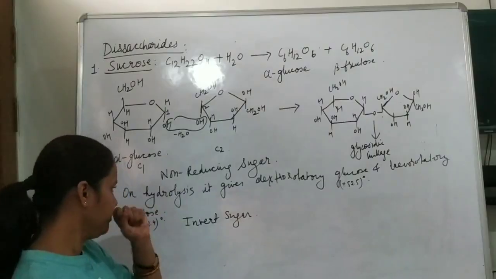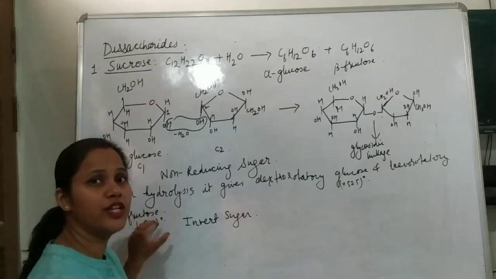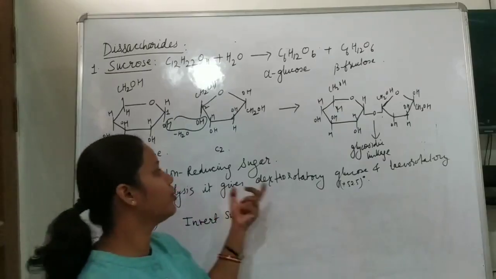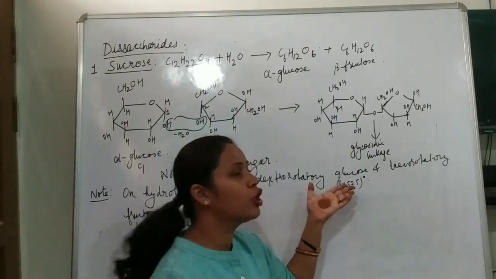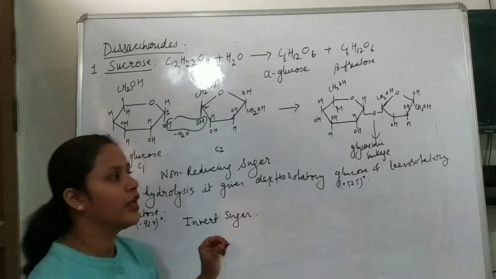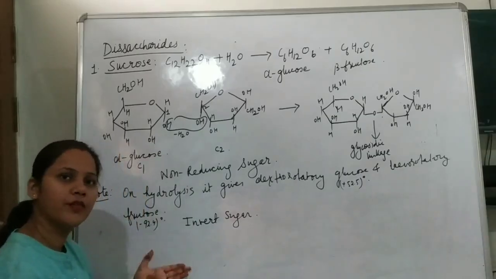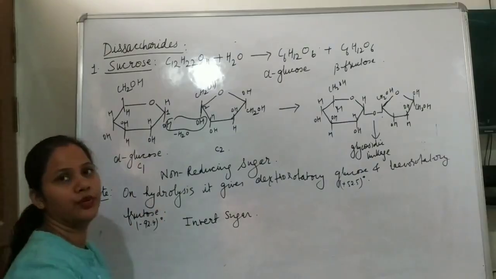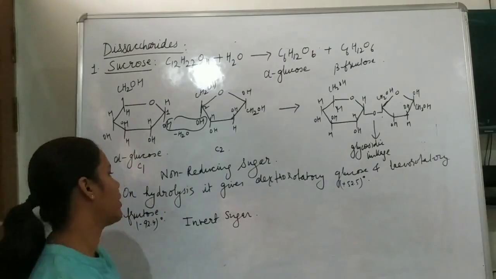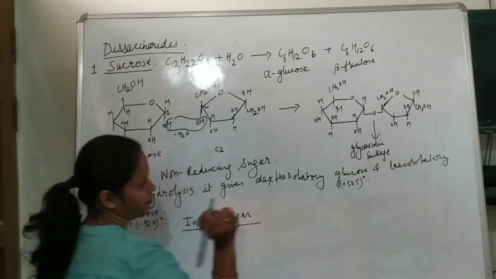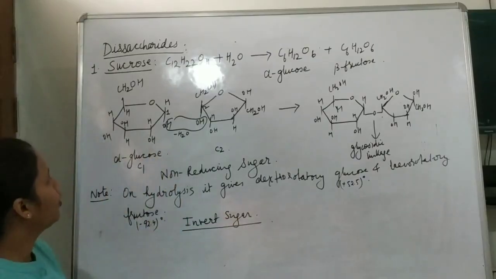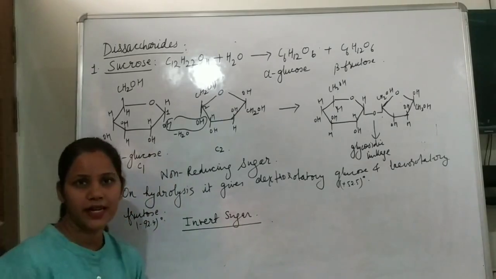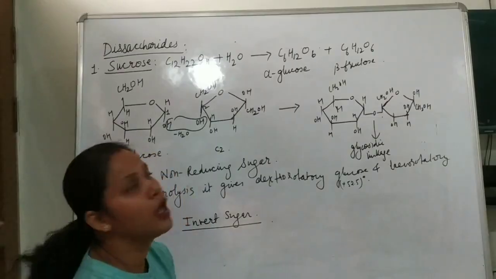But because the rotation of fructose is more than that of dextrorotatory glucose, the mixture is levorotatory. Thus, on hydrolysis the dextro is converted to levo, and that is why it is known as invert sugar. Okay, I hope this is clear. You can take a screenshot, we'll move on to the next disaccharide, that is maltose.